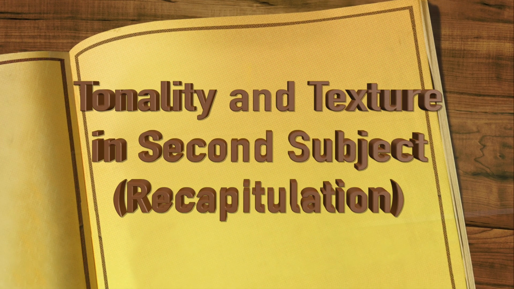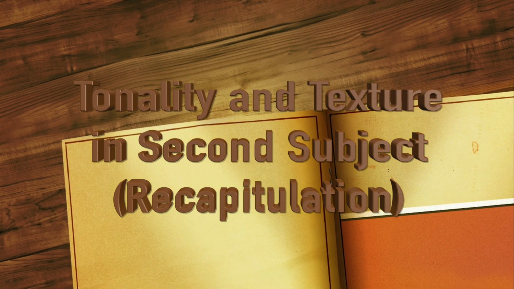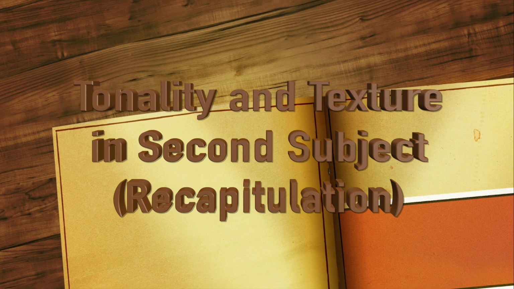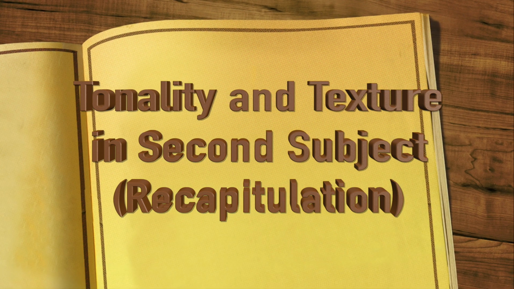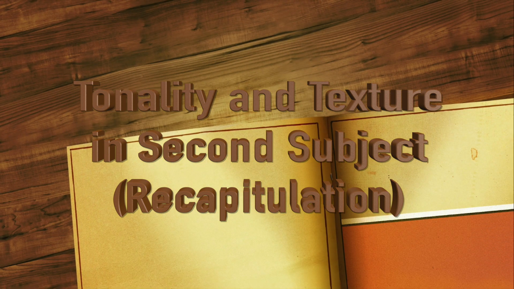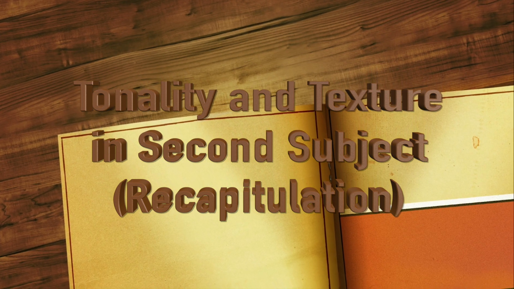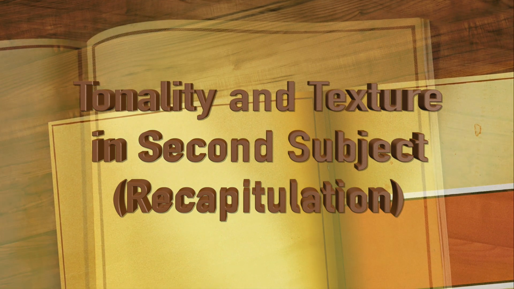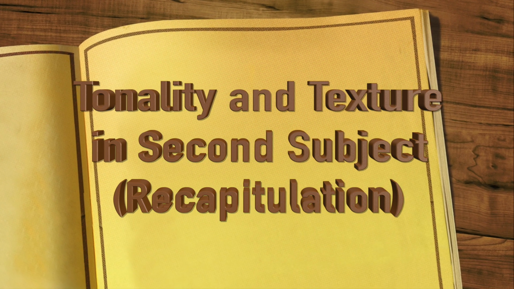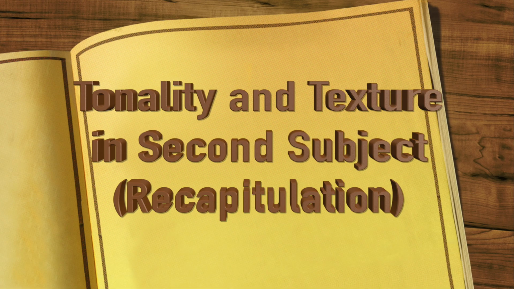Let's now briefly talk about the tonality and texture in the second subject of the recapitulation section. This is the second and last time this theme appears, and we're just going to look at a couple of differences between the second subject in the recapitulation and the second subject in the exposition.